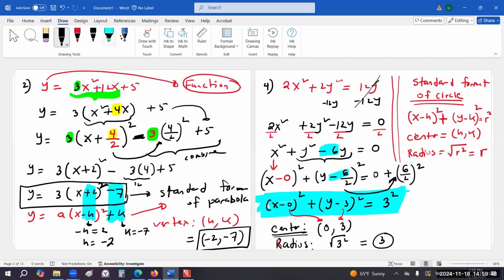So they are asking for three things: the standard form of the circle, the center of the circle, and the radius of the circle. And guess what? This will be in the exam.